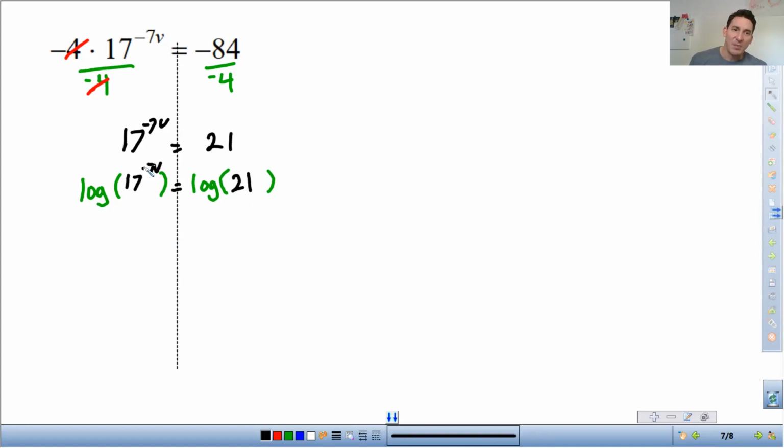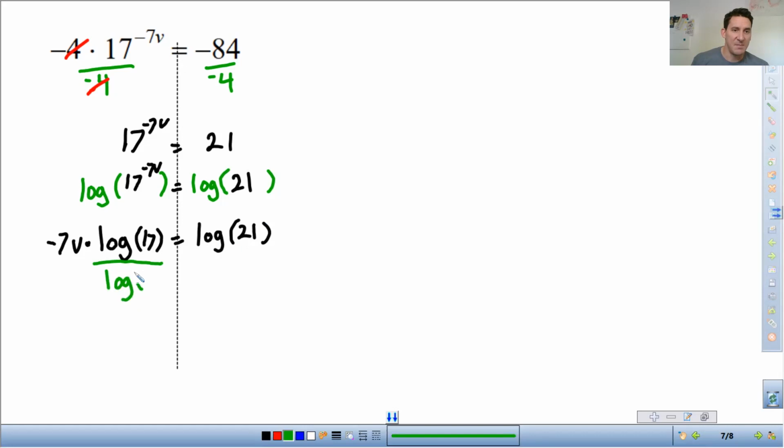Now I can use the property of logs to move the exponent out in front and multiply, make it a coefficient. So it's negative 7b times the log of 17 is equal to the log of 21. And this one's going to be messy. This is going to be a big long decimal. So I'm going to divide both sides by the log of 17. So this cancels out.